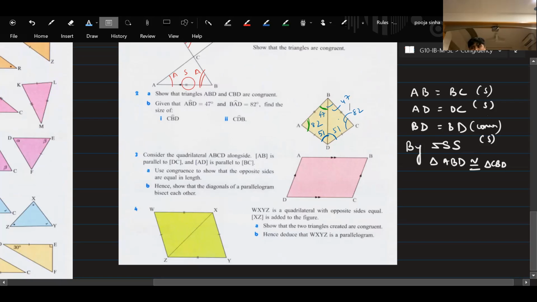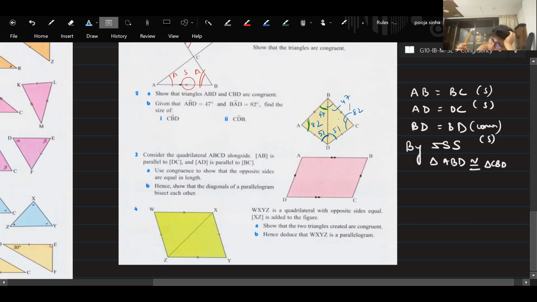I don't understand the question. Okay, read the question once with me. Consider the quadrilateral ABCD, where AB is parallel to DC and AD is parallel to BC. Use congruence to show that the opposite sides are equal in length.